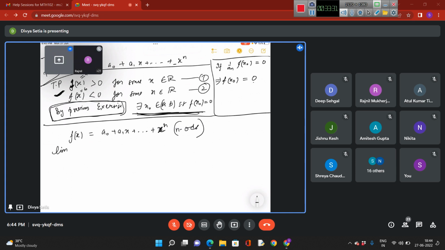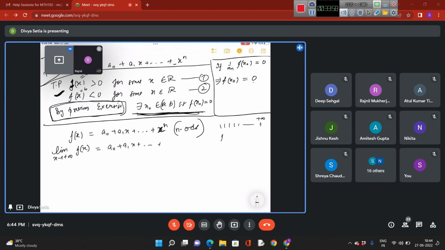Now, if I take the limit x tends to plus infinity, everybody knows how to take this limit, right? X tending to plus infinity. That means you are moving your x's towards infinity.